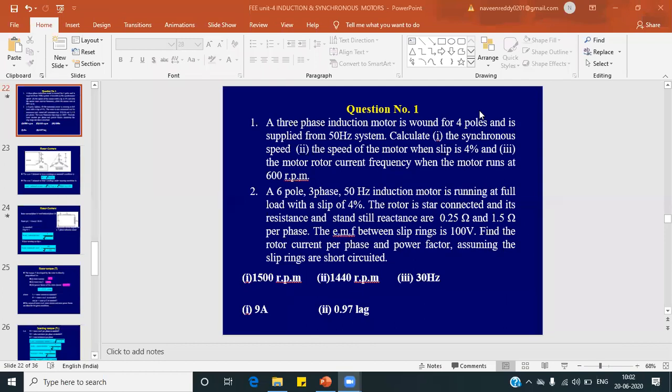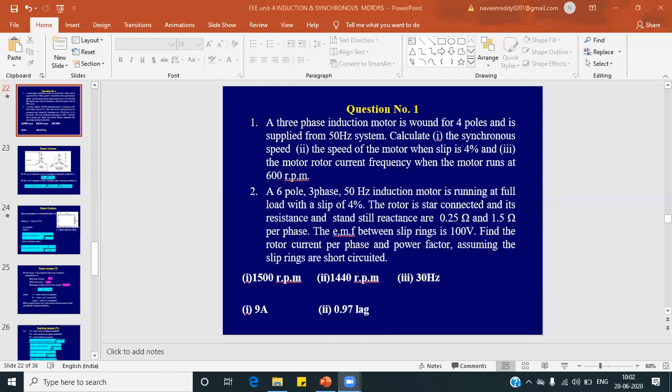Next, one doubt is: sir, if NR and NS rotate in opposite directions, what happens? If NR and NS rotate in opposite directions, the motor is going to be in the braking mode, so the motor will stop. That's a different story.